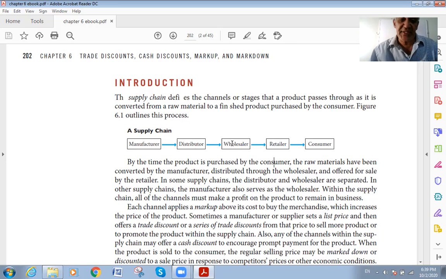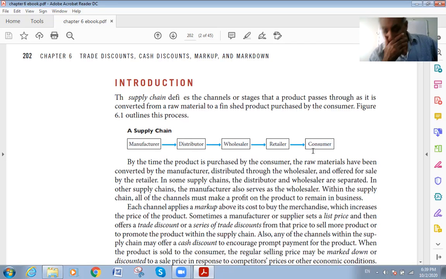So this is the third step in the supply chain, and we call it a chain. Why? Because, like you see, it goes from a person or an organization to another organization, till it reaches the final consumer at the end. Manufacturer to distributor to wholesaler to retailer to consumer.